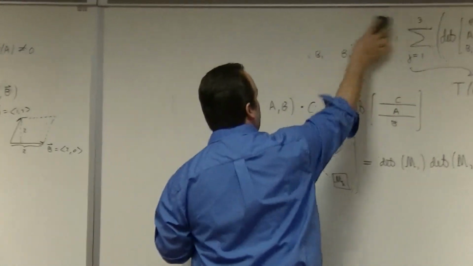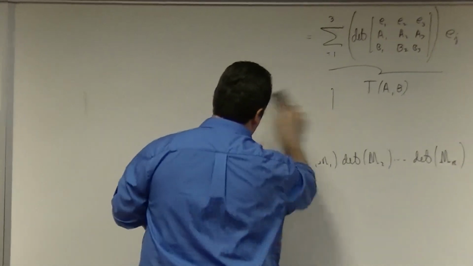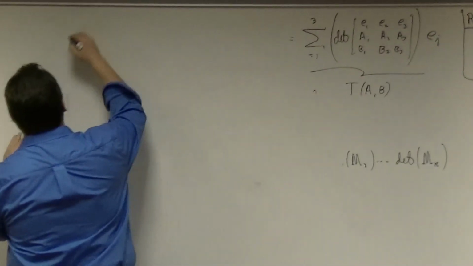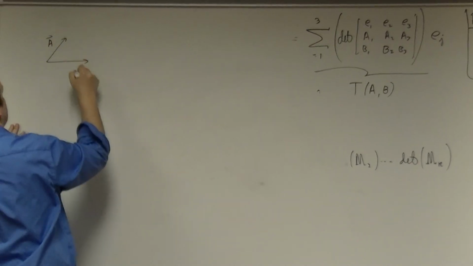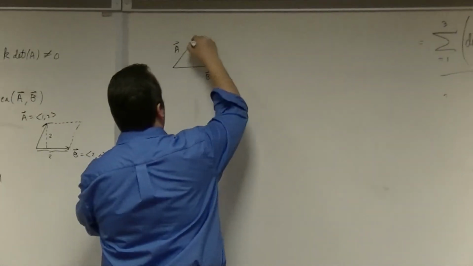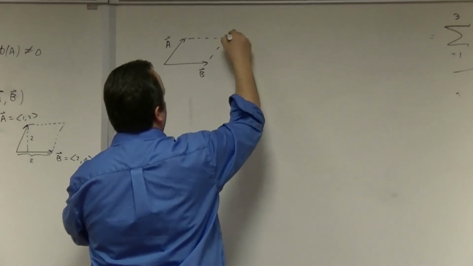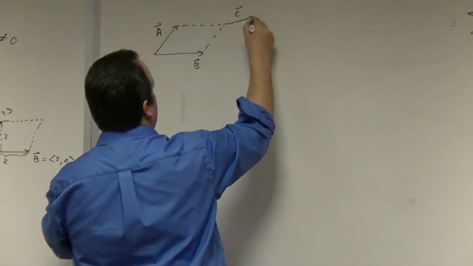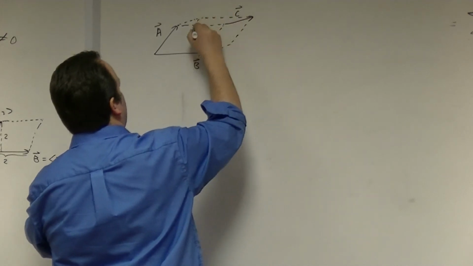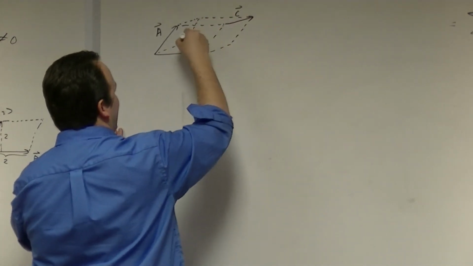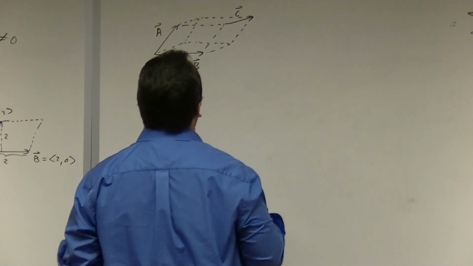For R3, so if I wanted to calculate the volume of, say, A, B, then suppose, so it's a parallelogram, then suppose I have another one, like that. Sorry, my picture's not that great. So I'm trying to draw a parallelepiped like that.